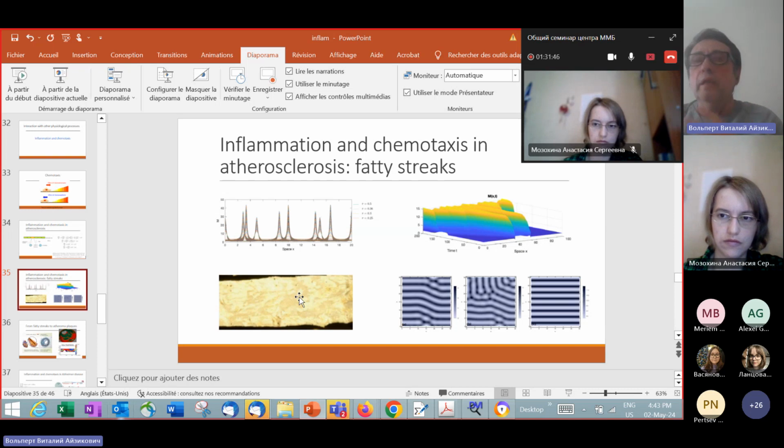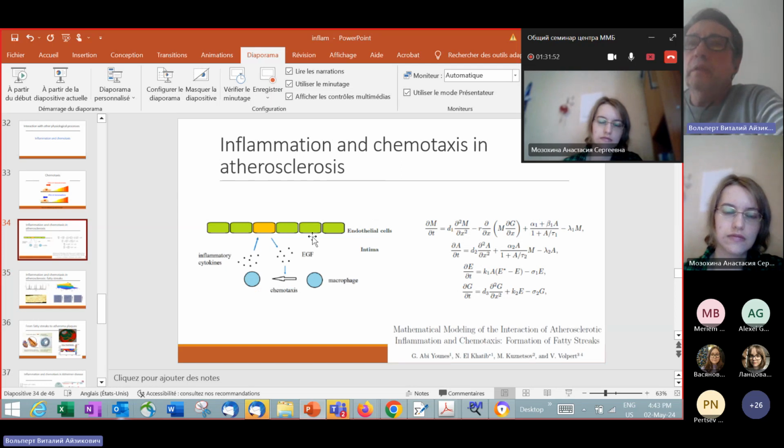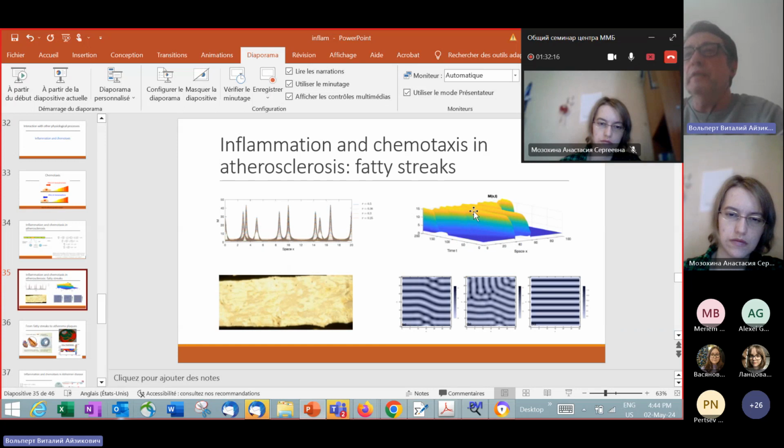Okay, so again, for fatty streak formation, we say that it's an interaction of inflammation and chemotaxis. So if we introduce these inflammatory cytokines locally, it is shown here, this yellow cell, what will happen? This inflammation will spread in space. And behind, in this case, indeed, there is wave propagation as shown here in this figure. Behind this wave, there is formation of these fatty streaks.